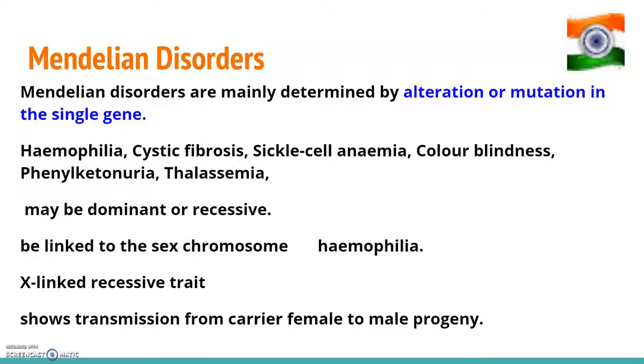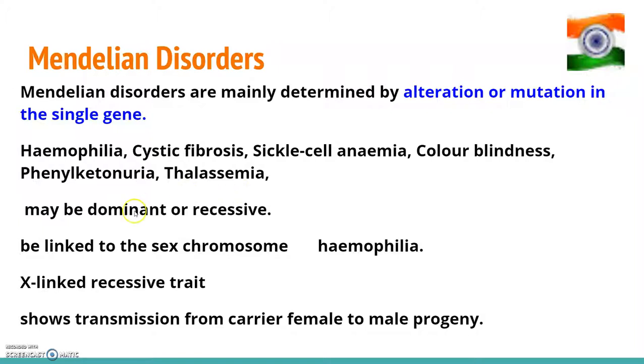The pattern of inheritance of Mendelian disorders can be traced in the family tree through pedigree analysis. Mostly Mendelian disorders are like hemophilia, cystic fibrosis, sickle cell anemia, color blindness, phenylketonuria, and thalassemia.